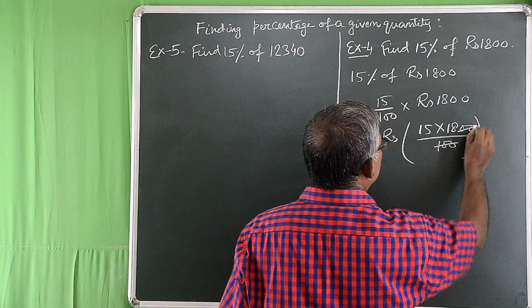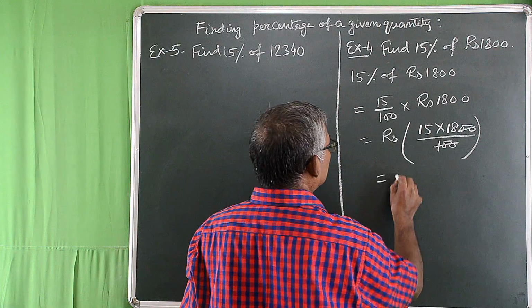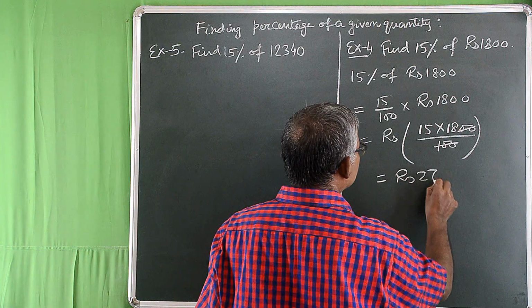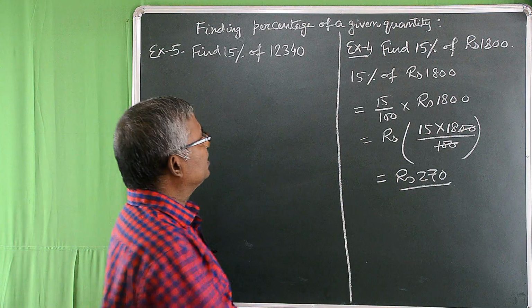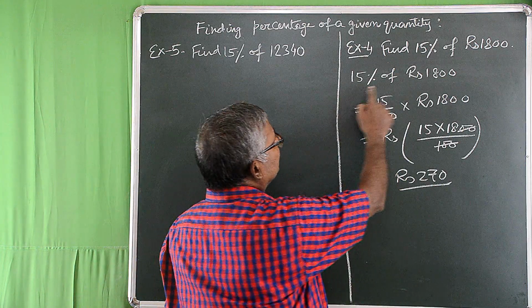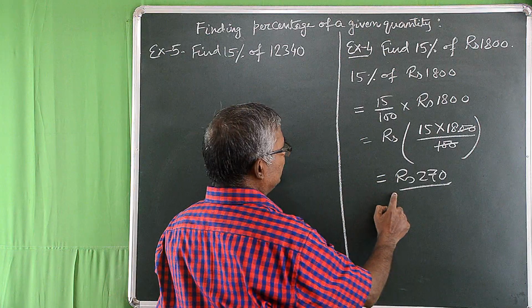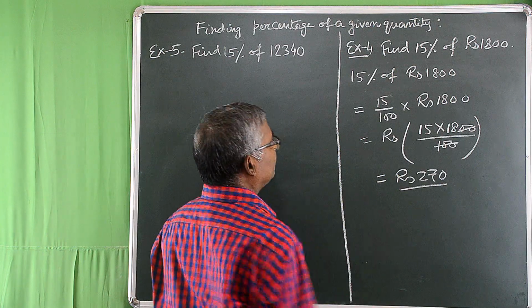So it is rupees 270. Students, so we get 15% of 1800 equals rupees 270.